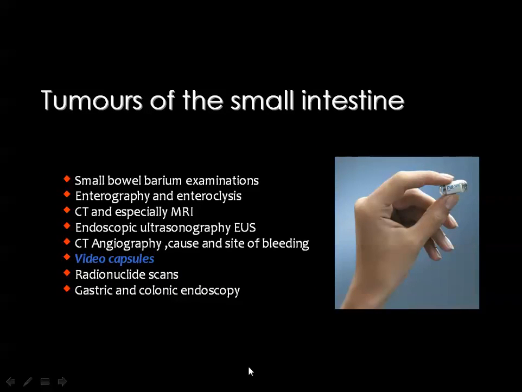And these are the ways for the diagnosis, including the small bowel barium examinations, enterography and enteroclysis, CT and MRI, endoscopic ultrasonography, and then CT angiography if there is bleeding. Then the video capsules, which can also be used to locate the site of the lesion, radionuclide scans, and endoscopy, of course.